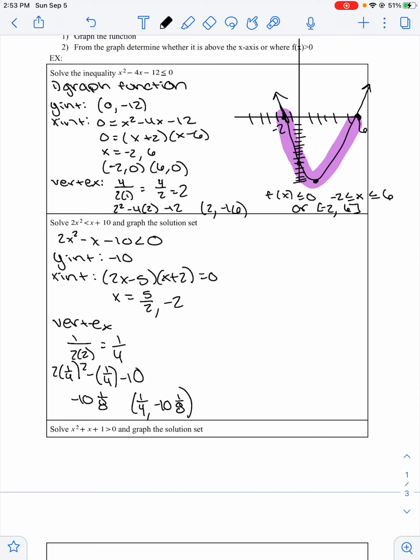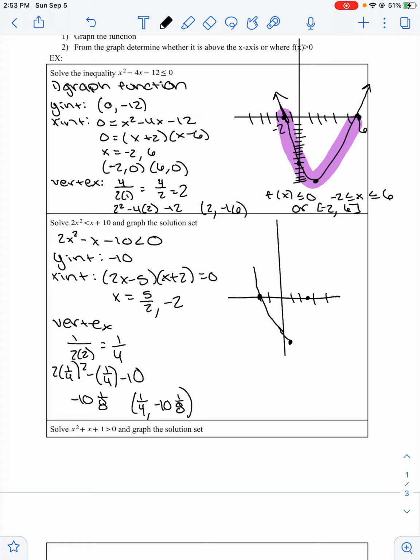I'm going to graph this function. Okay, good enough. And we look something like, here's -2. 5/2 would be 2.5. And then 1/4, -10 and 1/8, something like this.